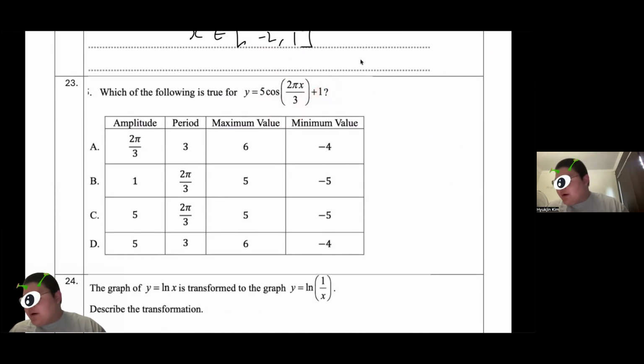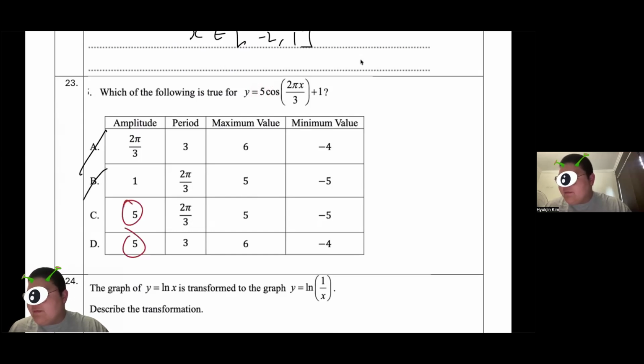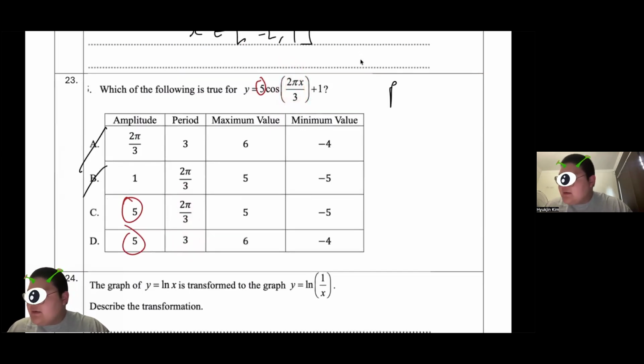Now, which of the following is true for 5 cos(2πx/3) plus 1? It's pretty straightforward. The amplitude is 5, whatever multiplies the sine or cos. So it cannot be these guys because clearly these are the only two that have the 5. Period: notice how these two are already different. That means we should be able to tell from the period alone. Period is always 2π divided by b, when b is whatever is multiplying x.